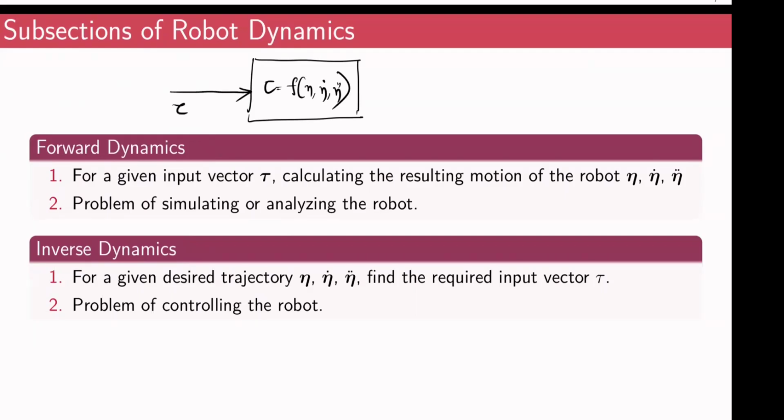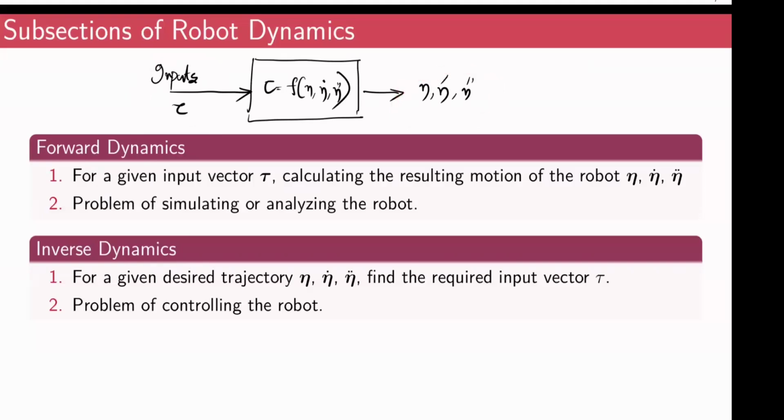If you consider the inputs to be the forces and the moments, and the outputs to be the trajectory, eta dot and eta double dot, this problem is the forward dynamics problem. How a robot would respond to a given set of inputs, and the response can be characterized by the trajectory coordinates: position, velocities, and accelerations.